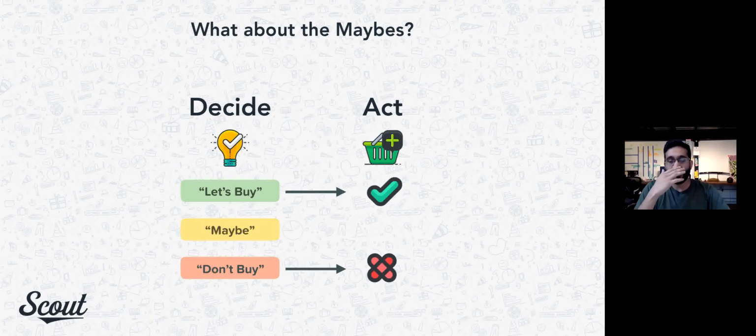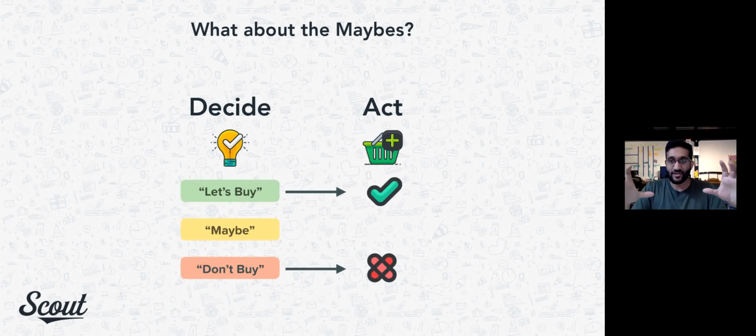But the maybe is interesting because those two are easy. Let's buy, okay, they're going to click add to cart. Don't buy, okay, they're going to close. But what about the maybes? We were just talking about the maybes where maybe some of them do click buy, but if you don't give a maybe a clear action to take, they're going to be don't buys, right?